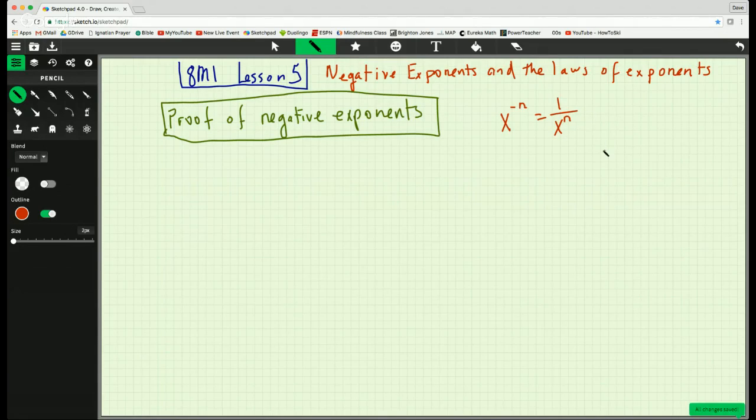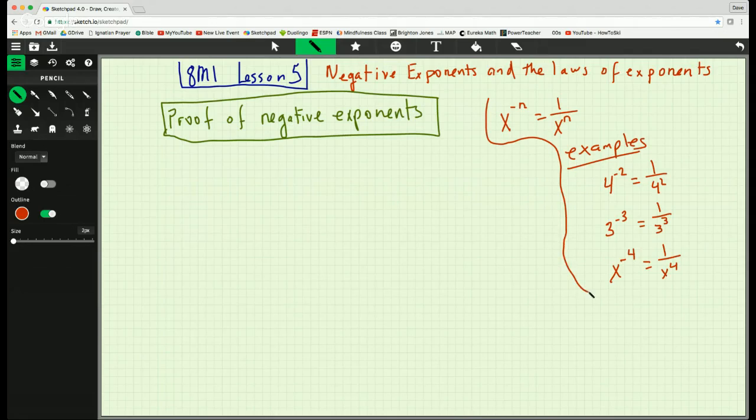Or in other words, I'll give you some examples. 4 to the negative 2 is equal to 1 over 4 squared. Or 3 to the negative 3 is equal to 1 over 3 cubed. Or x to the negative 4 is equal to 1 over x to the 4th. These are all examples of the negative exponent rule.